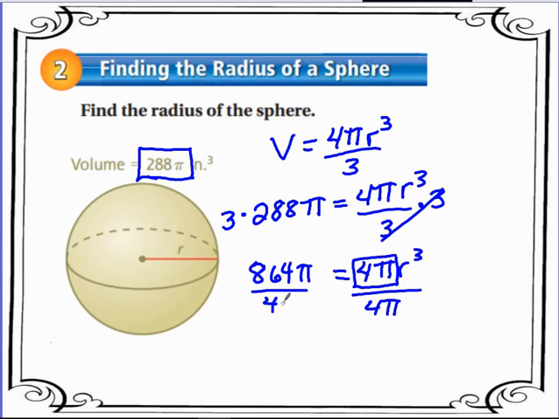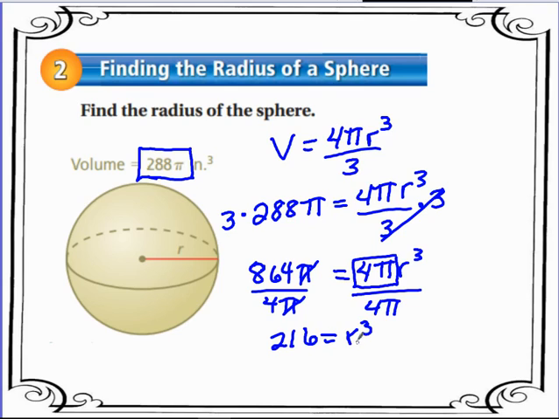Now you don't have to multiply the pi out here. We can just say pi divided by pi is 1, so we can just do 864 divided by 4. So 864 divided by 4 is 216, and that is r cubed.